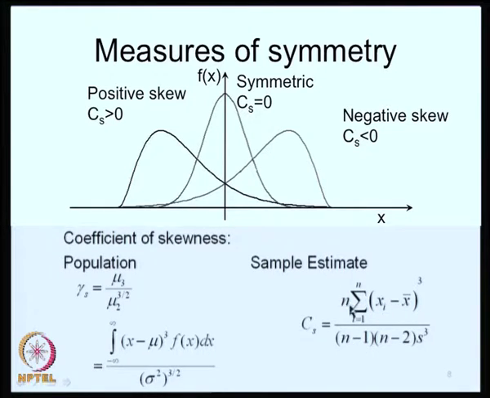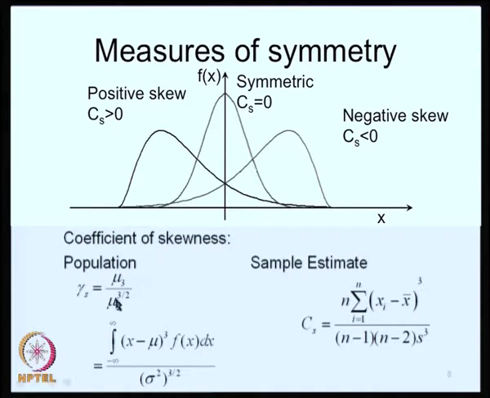For the skewness, we put n to the power 1 and add another term: n minus 1, n minus 2, and this s cube corresponds to the sigma cube. So, we are essentially normalizing this term with the standard deviation to the same power.